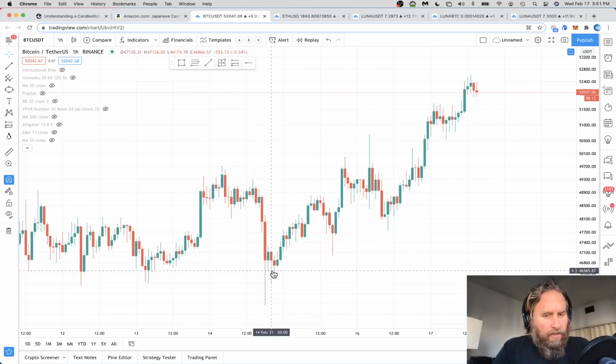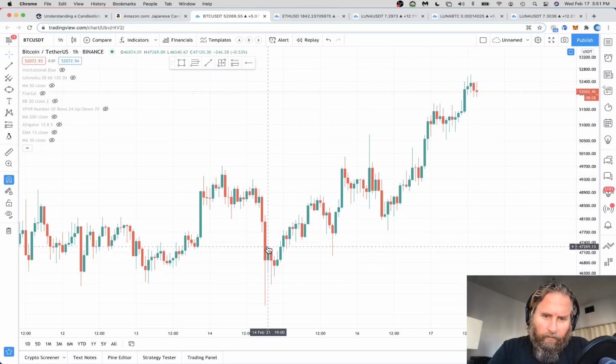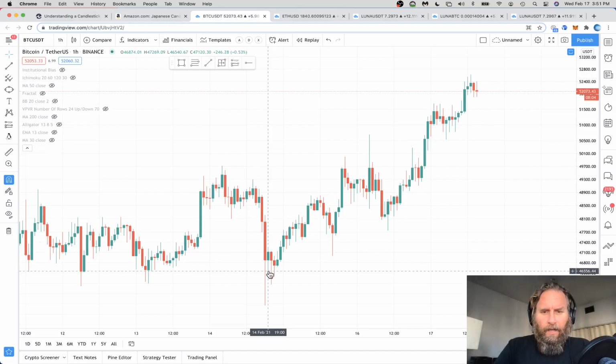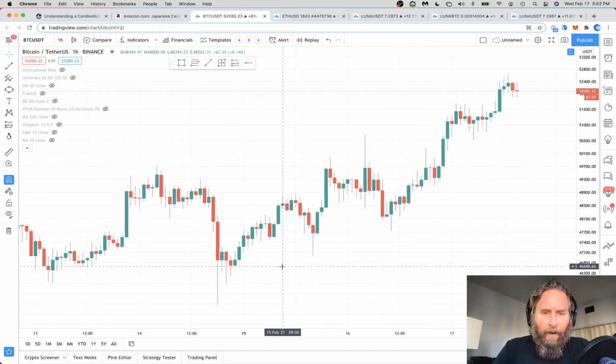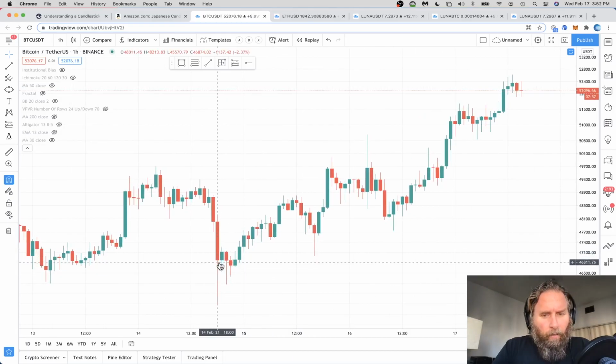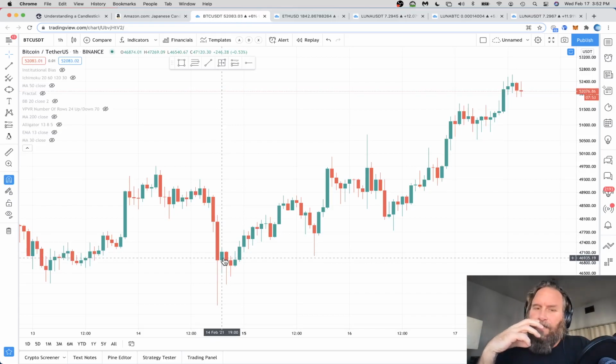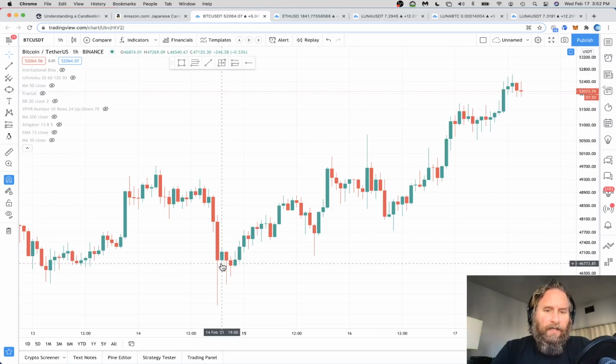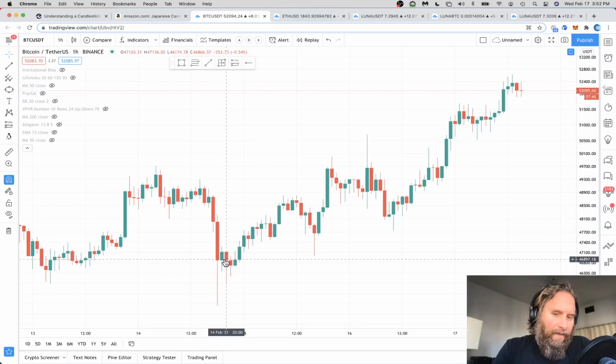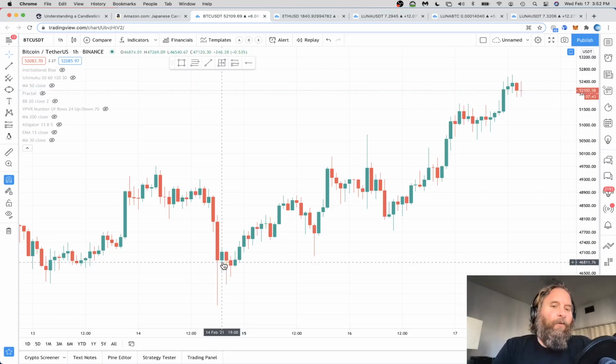And then what happened on the next candle? The next candle was a small green candle, meaning that the range of the price movement in this candle was a lot tighter. It only ranged from here to there during that hour. Also, what you'll learn is that when you start to look at how these candles relate to each other, in this case, I would even say that this might be, it's not quite called a harami.